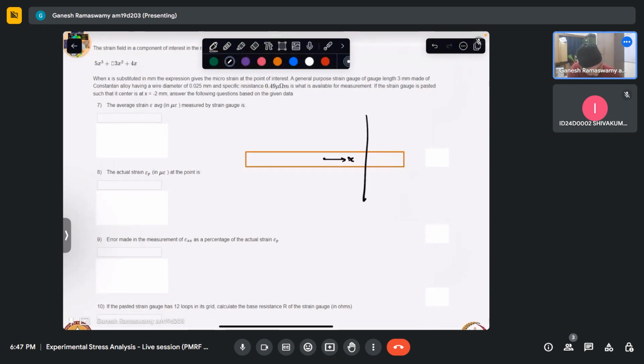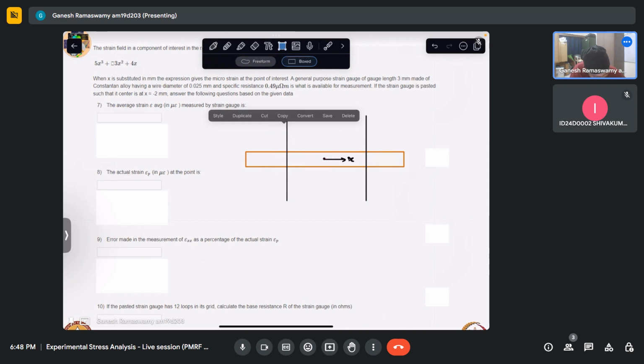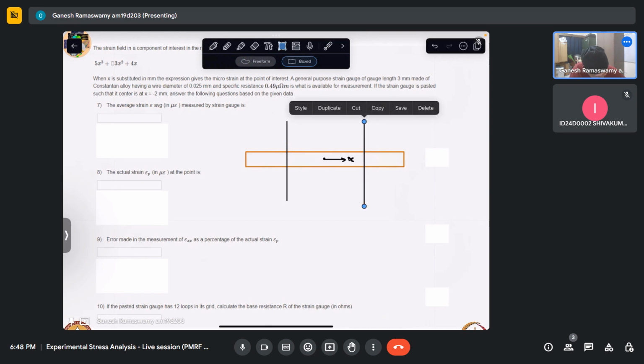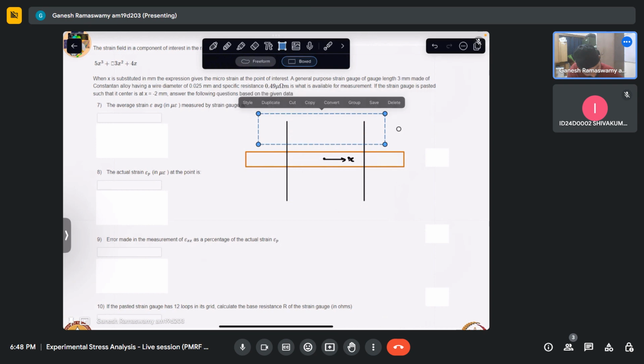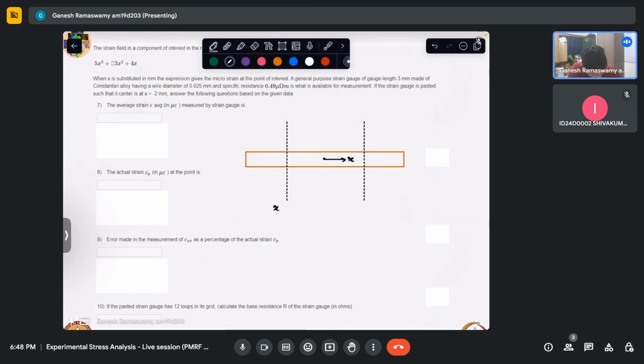Let this be x equal to minus 5 and that be x equal to 5. So within this range, this is x equal to minus 5, this is x equal to 5.